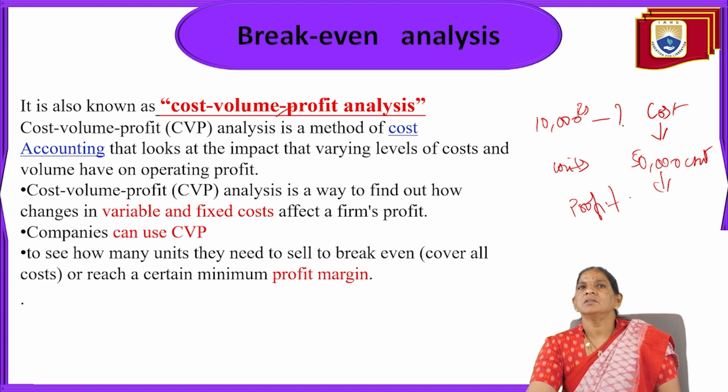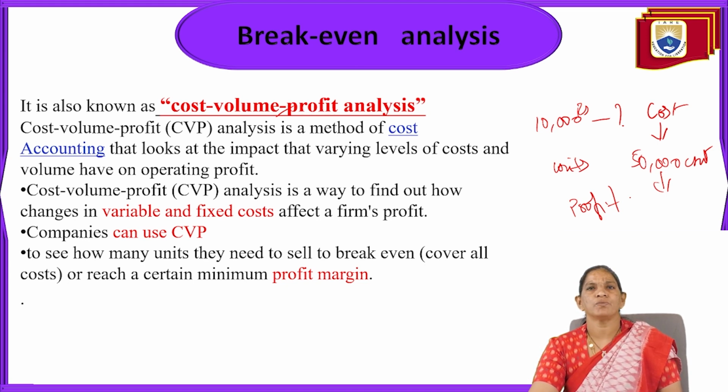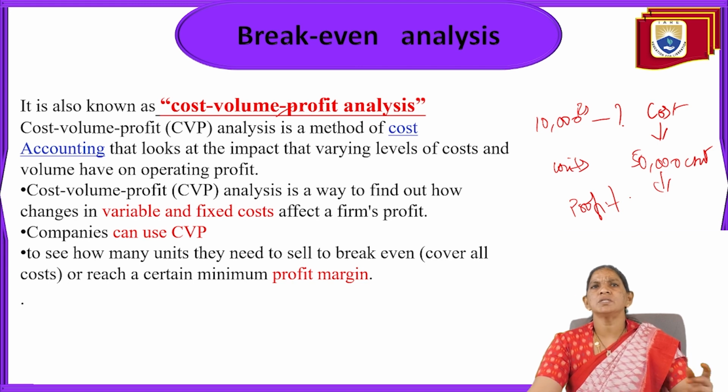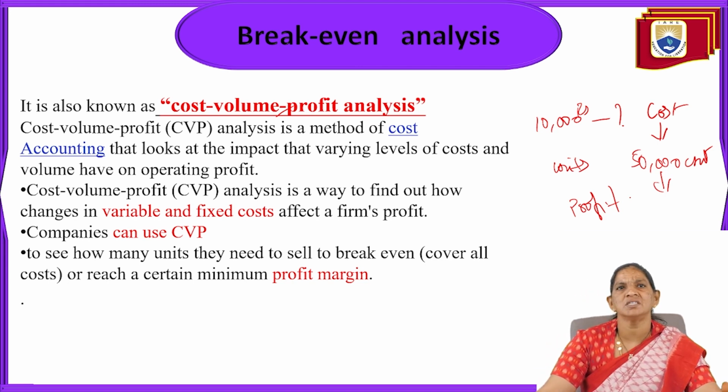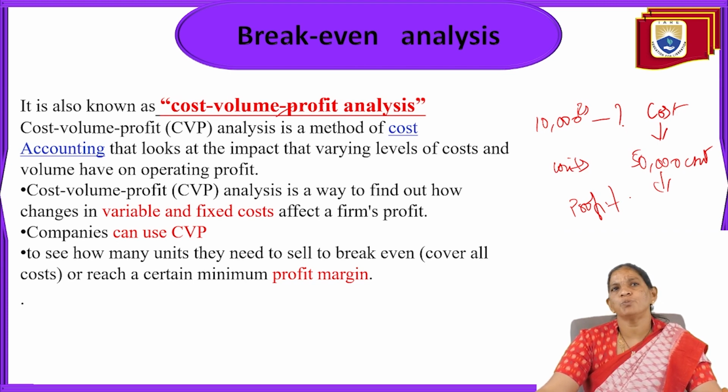Here, a change in the variable cost and fixed cost affects the profit. As we know, cost consists of two types, fixed and variable. If there is a change in the structure of these fixed and variable costs, that will affect the profits of an organization.